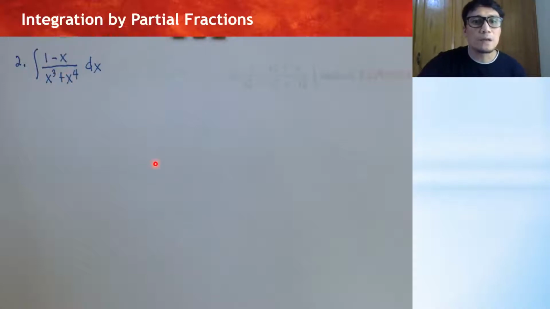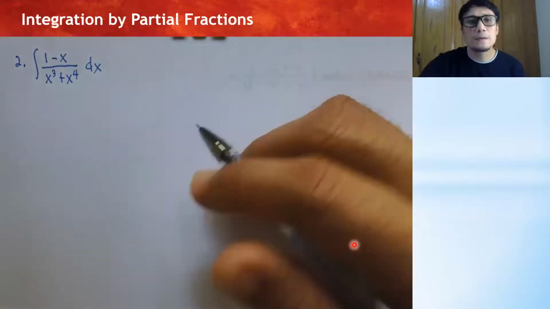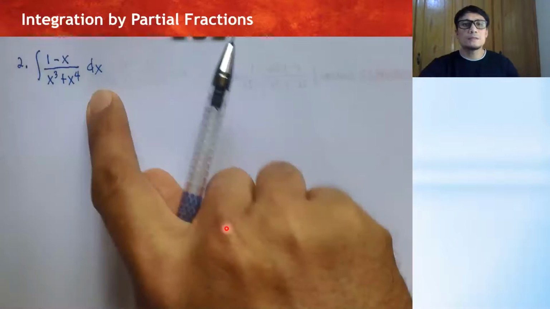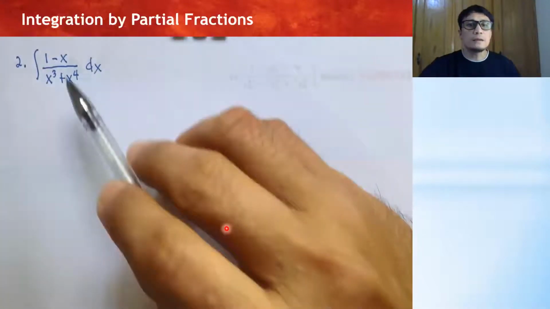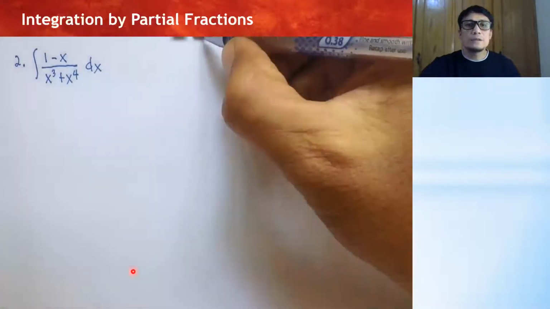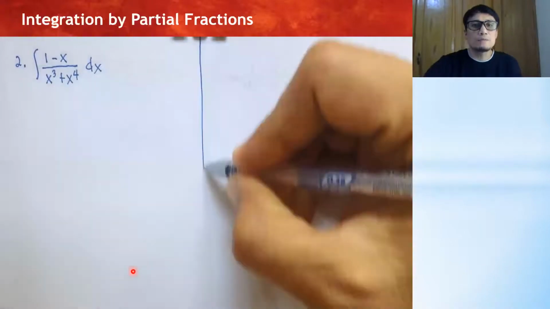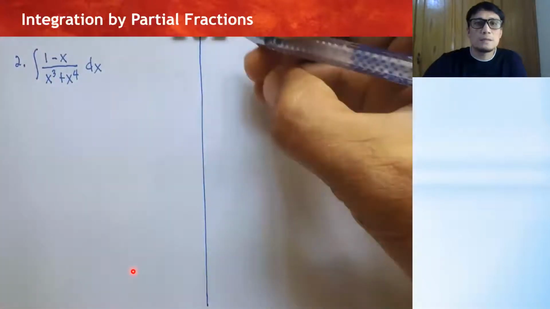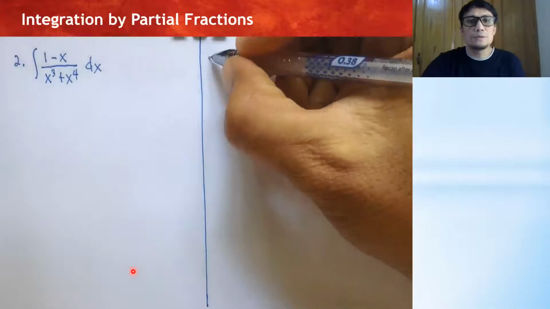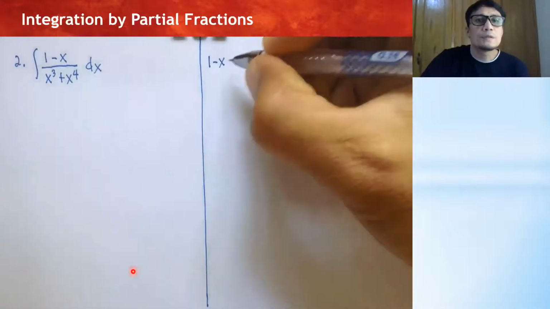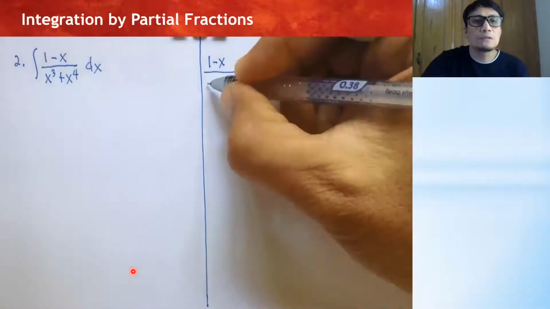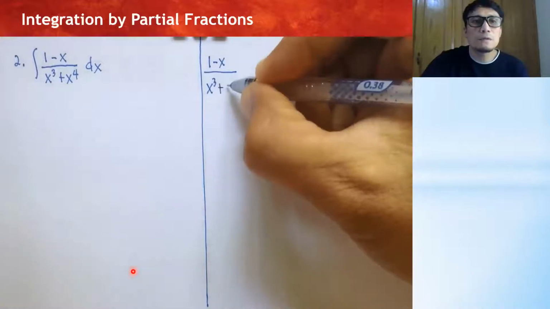sum of partial fractions. So I will first separate the integrand there. Let's put a line here to separate the computation for the decomposition of the integrand.